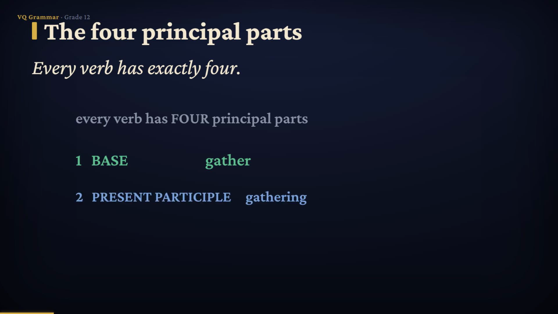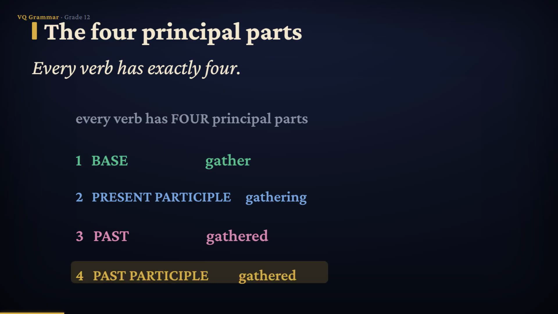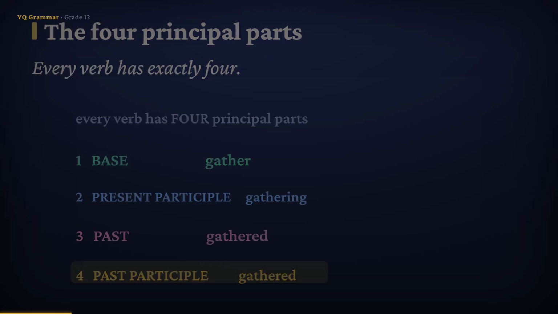Part 2 is the present participle, gathering, the base with ing hooked onto the end. Part 3 is the past, gathered. And part 4 is the past participle, gathered again. Learn those 4 forms for a verb, and you hold that entire verb in your hand.